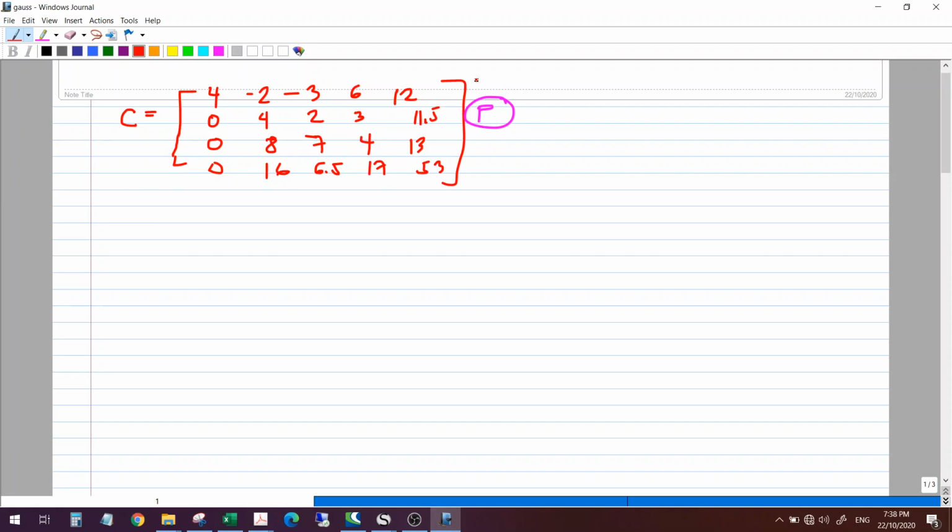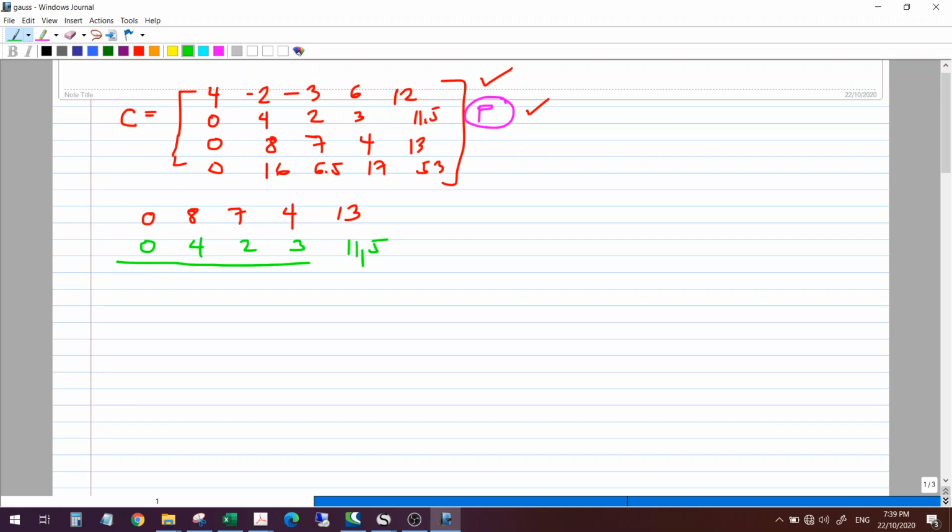So I'm settled with this. This is already established. And this one, this is also established. Okay. So let's write that down. So our third row, 0, 8, 7, 4, 13. Then my pivot equation is 0, 4, 2, 3, 11.5.